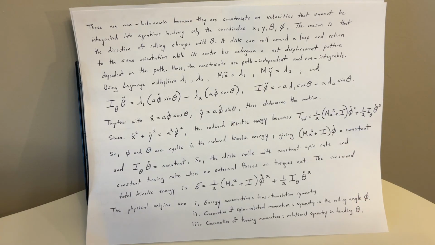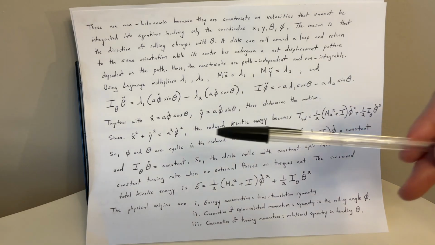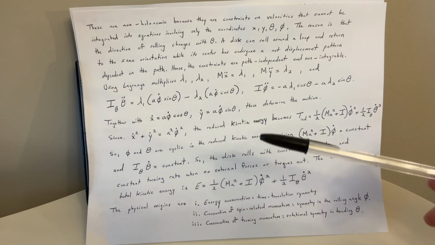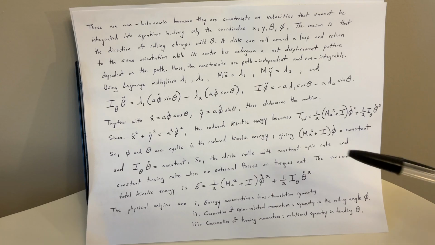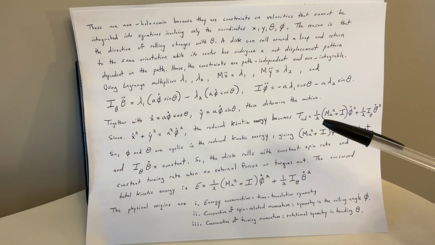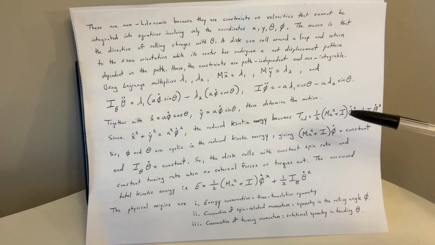And since x dot squared plus y dot squared equals a squared phi dot squared, the reduced kinetic energy becomes T sub red equals 1/2 the quantity m a squared plus I, times phi dot squared, plus 1/2 I sub theta, theta dot squared.